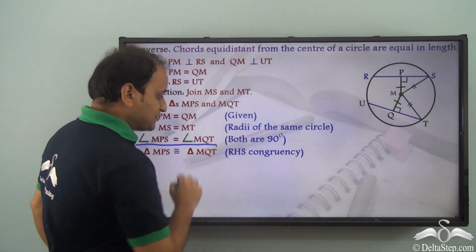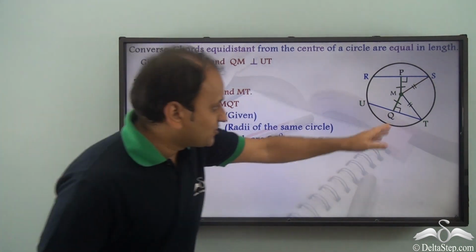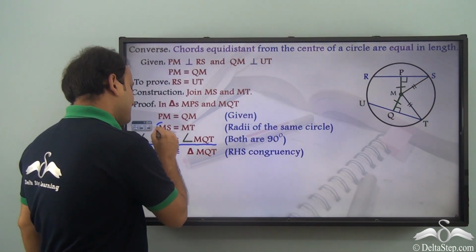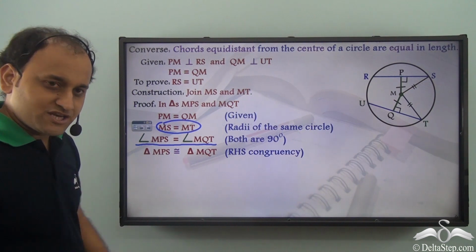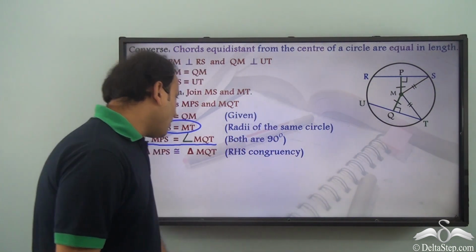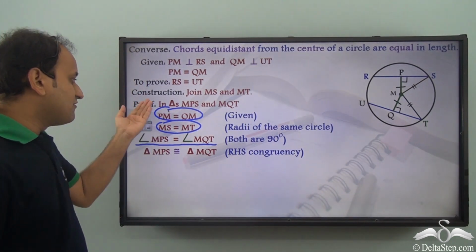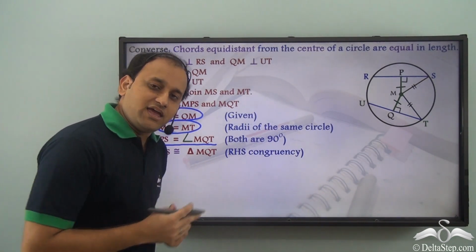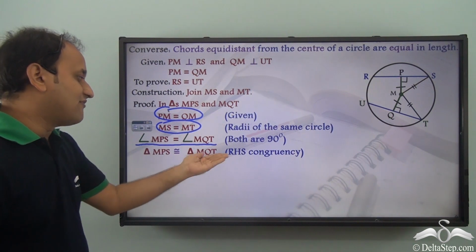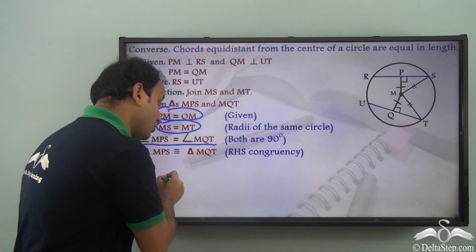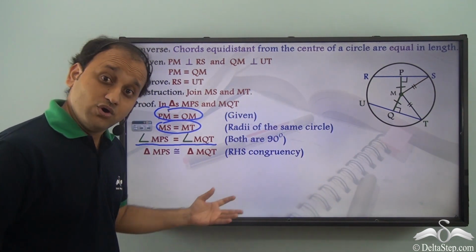Second, hypotenuse. When we talk about hypotenuse here, MS and MT, we have proved MS is equal to MT. So, hypotenuse is done. Then we have one side, PM is equal to QM. So, we have a pair of sides which are equal. So, from this we have RHS congruency and we can say that triangle MPS is congruent to triangle MQT.